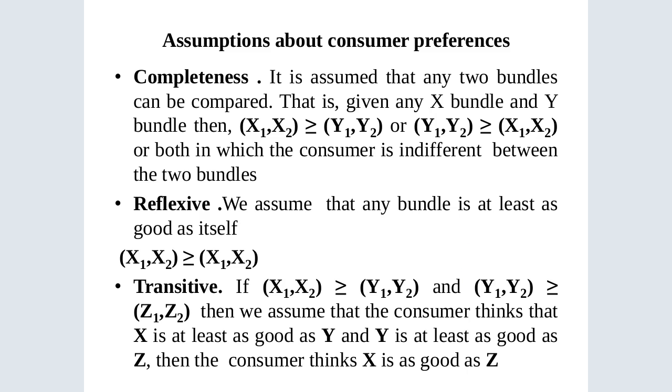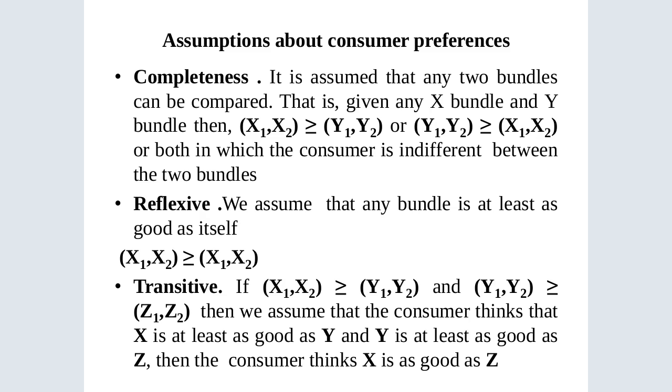What that means is, if, for instance, X1, X2 is preferred to Y1, Y2, and Y1 and Y2 is preferred to Z1, Z2, then we assume that the consumer thinks that X is at least as good as Y, and Y is at least as good as Z. Then the consumer thinks X is as good as what?